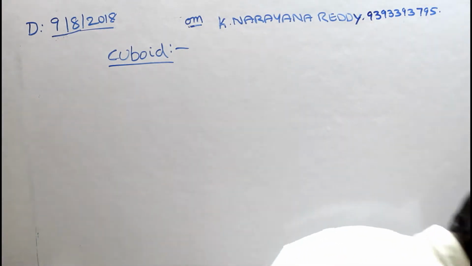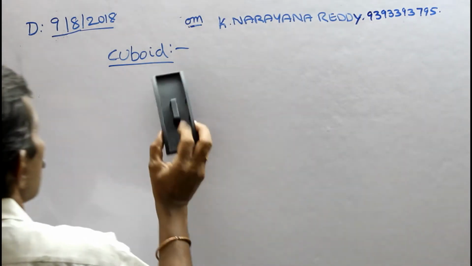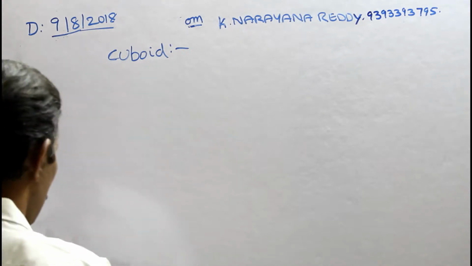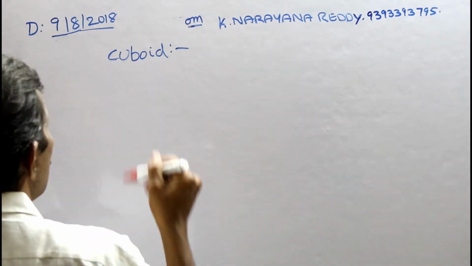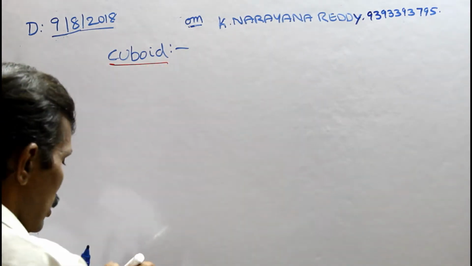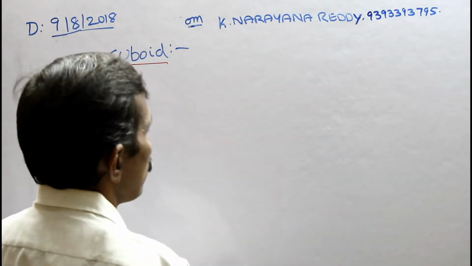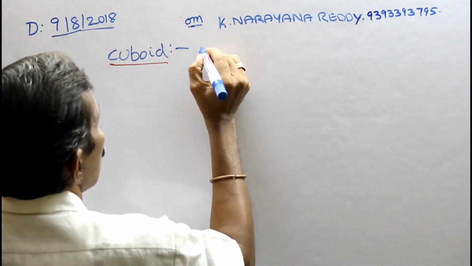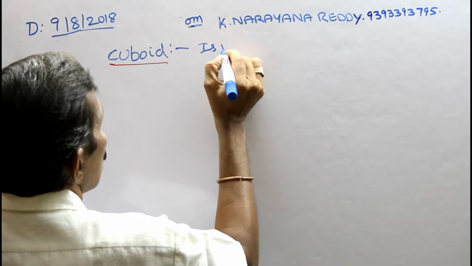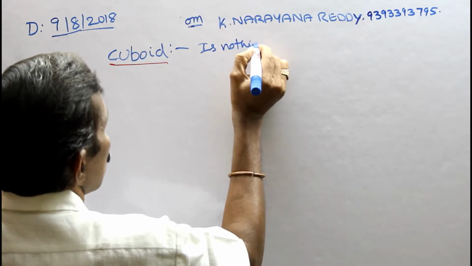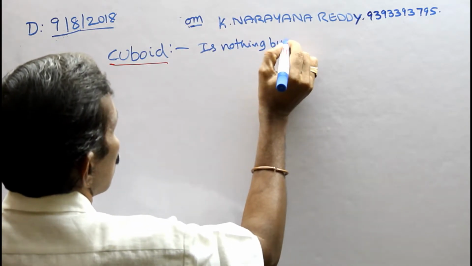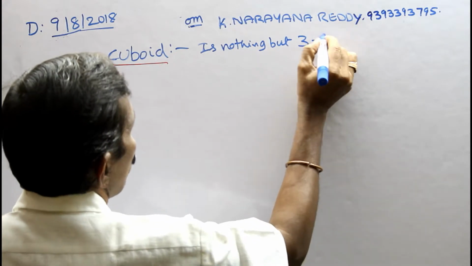What is meant by cuboid? A cuboid is nothing but a three-dimensional figure.